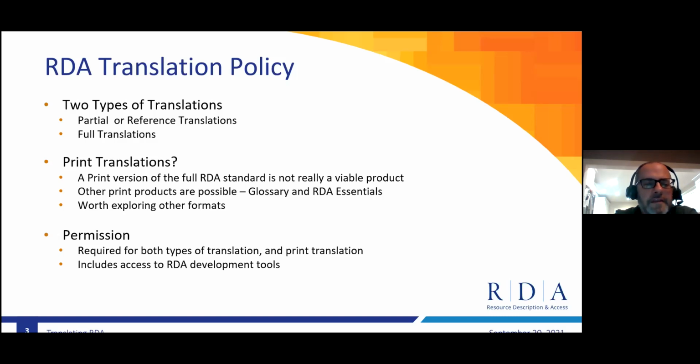The other big thing that the translation policy covers is permissions. For both types of translation, partial or full, or even print, we do require permission. So you need to contact us if you're interested in translating at rdatoolkit@ala.org.